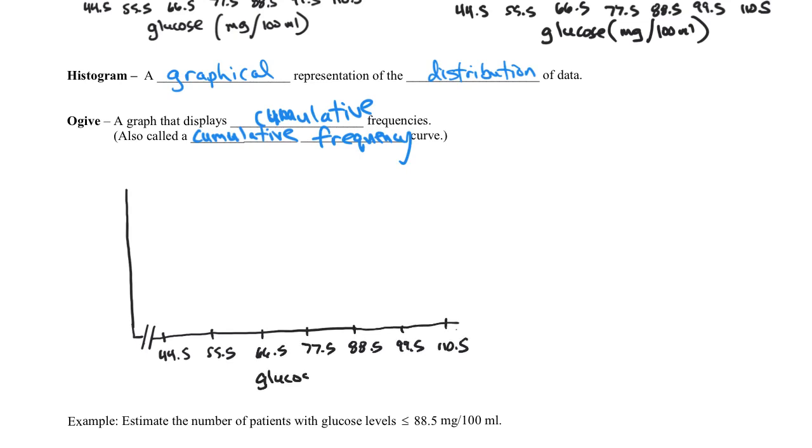This is glucose in milligrams per 100 milliliters. Now in this case, for an ogive, we're going to use the cumulative frequency column from above. Looking at that one, the largest number we've got is 70, so we want to go to 70.